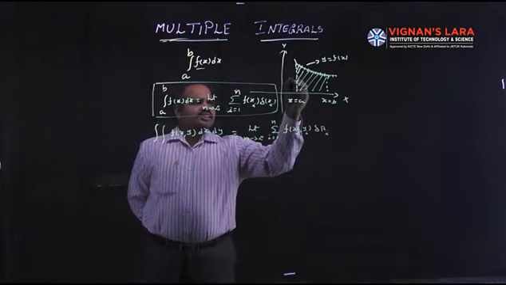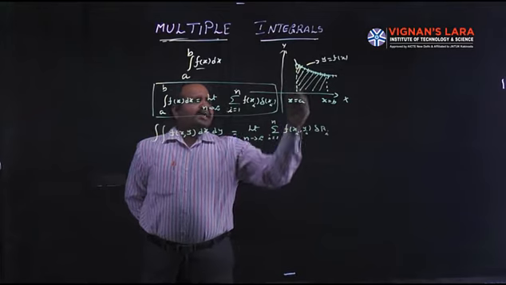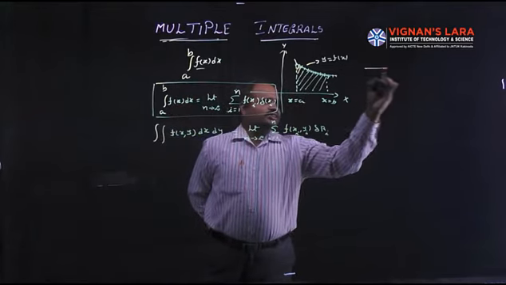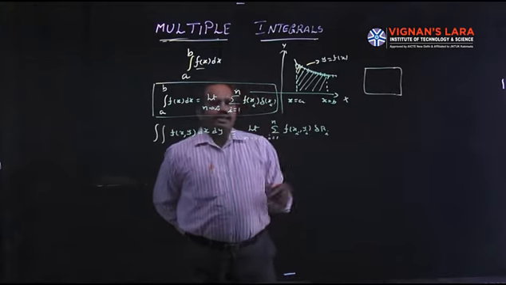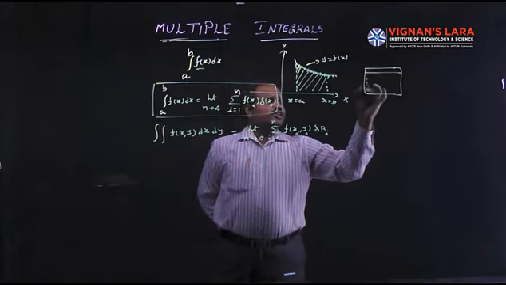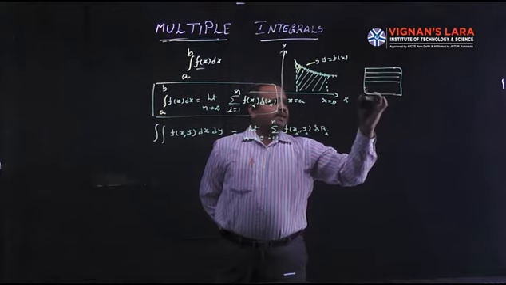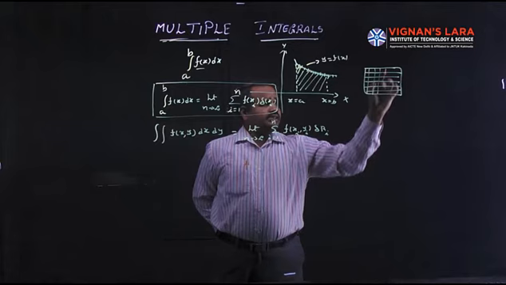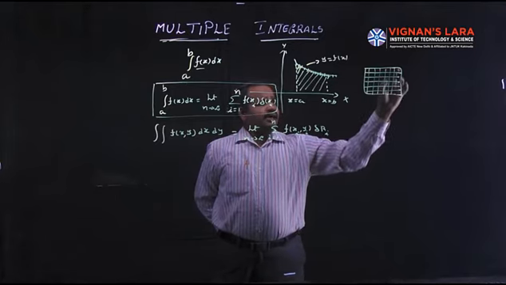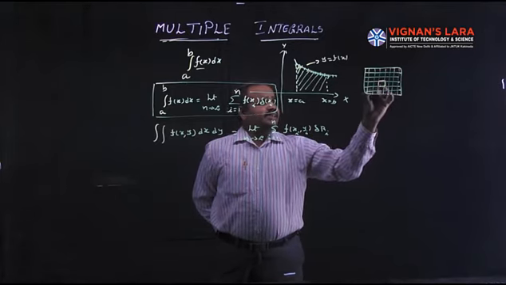Suppose this is the region I want to calculate. For this we split it into small parts, and in these parts there is one region, the ith region.